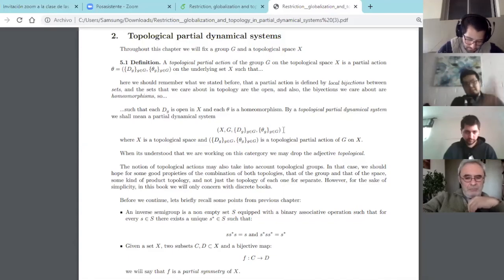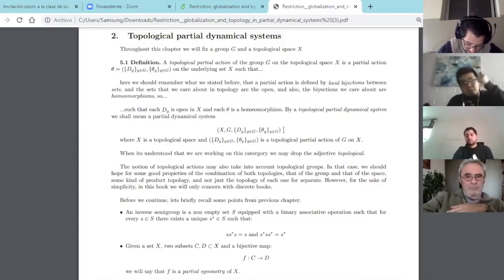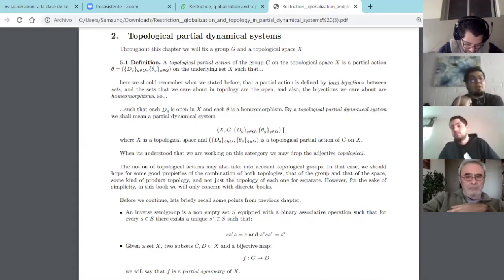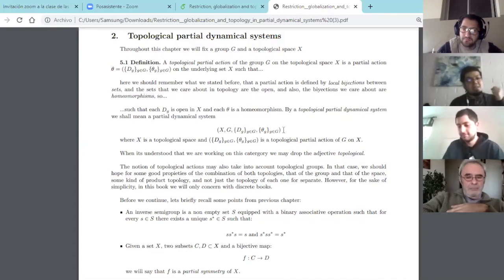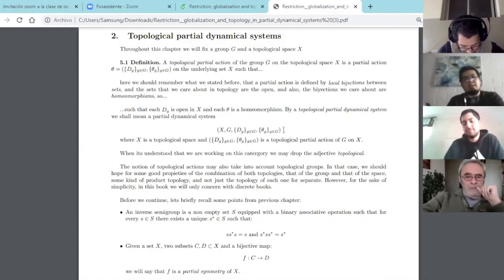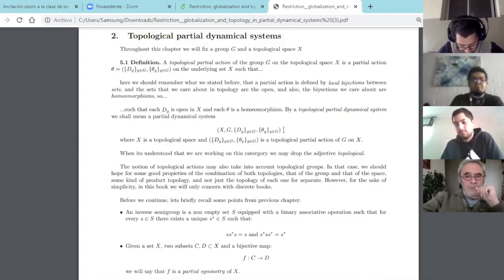If we give G a more complex topology, then our continuity and homomorphisms have to be good, not just for each g, but for both at the same time. So in order to avoid that problem, the author says we will just study the case with discrete groups.